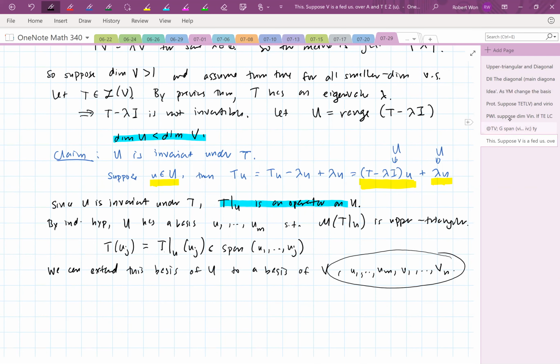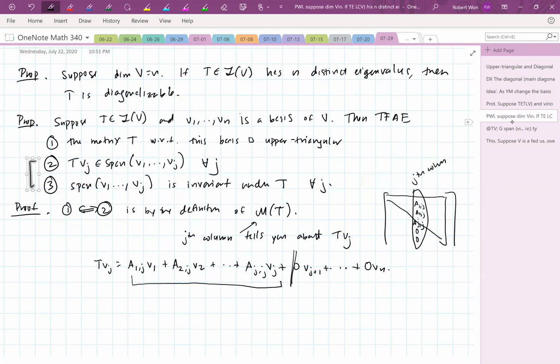We're just going to use this proposition. We know that the u's already satisfy property 2, so I'm just interested in where T of v1, T of v2, T of v3 land.